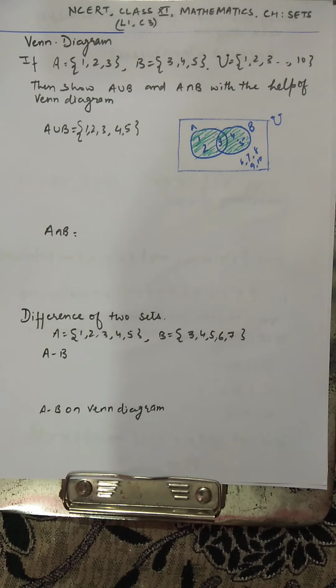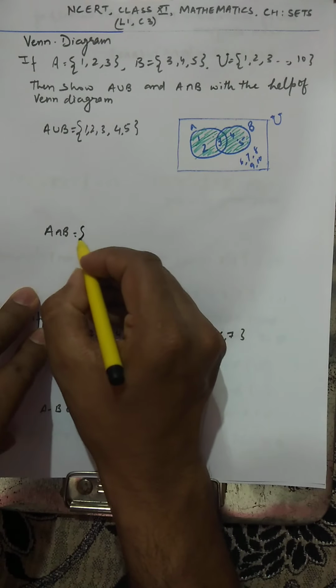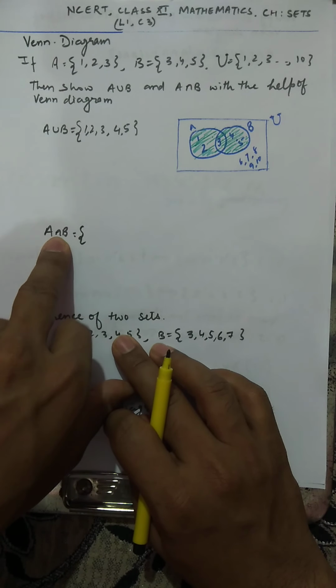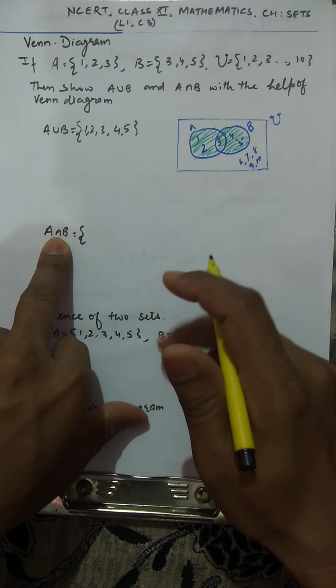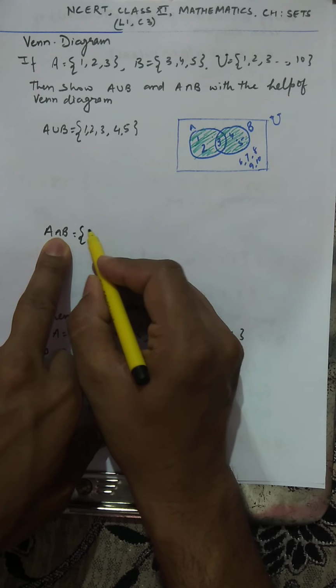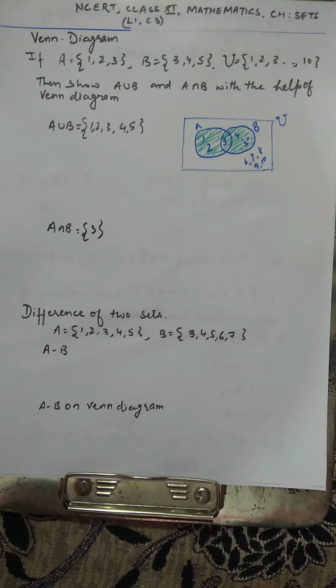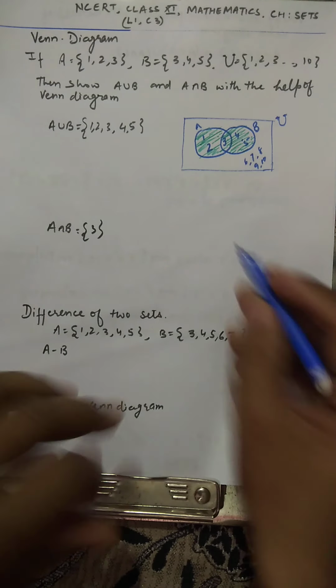Now come to A intersection B. A intersection B means all the elements which are common in both A and B. The common element here is 3 only. If I want to show this through a Venn diagram, it can be shown.